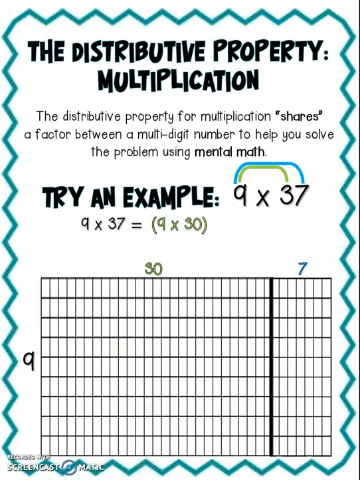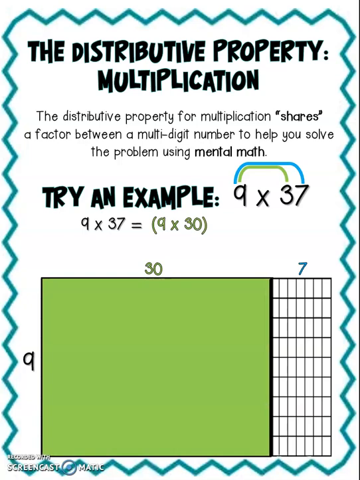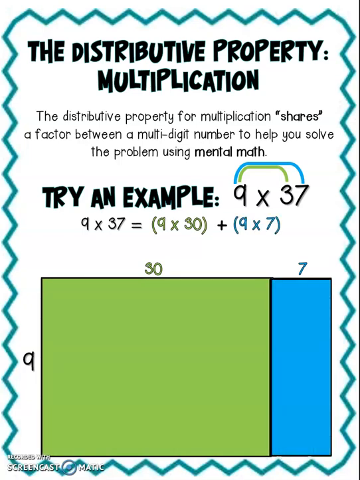So first, 9 times 30 is going to be the big chunk on the left, and then 9 times 7 is going to be the smaller chunk on the right. I know that 9 times 30 is 270 because I can see the basic fact 9 times 3 hidden right inside it. And since I'm multiplying instead by 30, I know I'm just bigger by a power of 10, or 270.